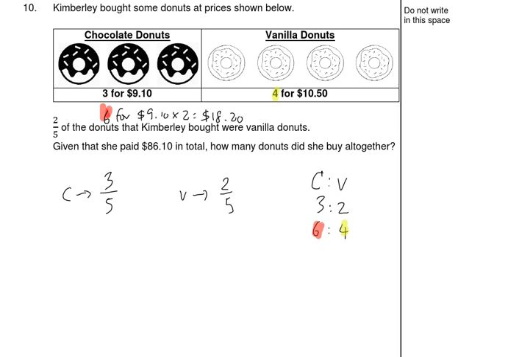Okay, now we can find one set, right? Okay, to find one set. Okay, Sky, tell me how to find one set. The cost of one set.